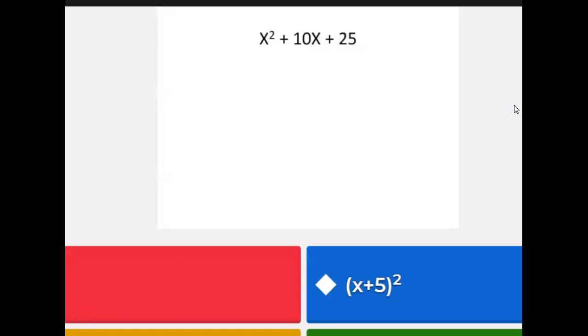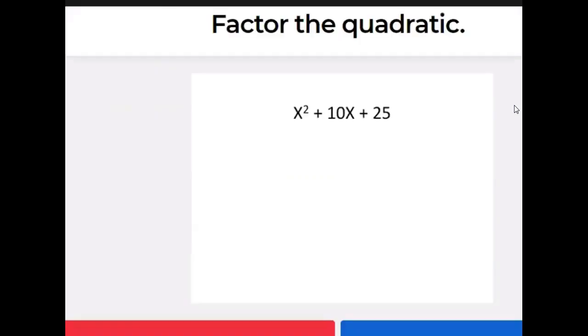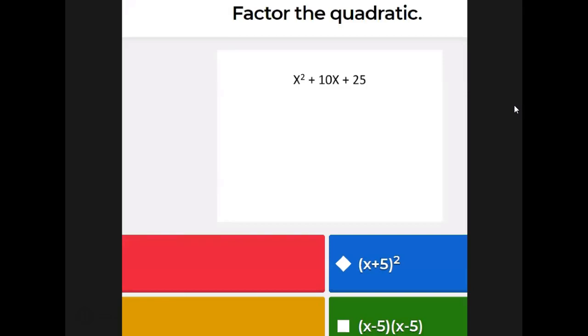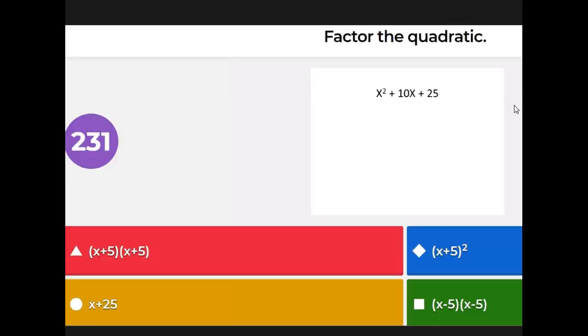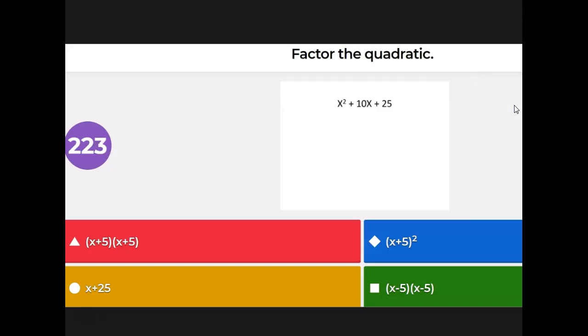Okay, factor this quadratic. So now I'm going to make it bigger so you can see all your answers again. Or maybe it's a multiple correct select. I'm just going to go with time.